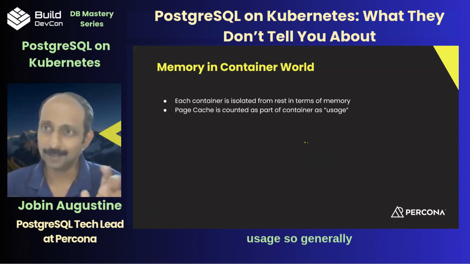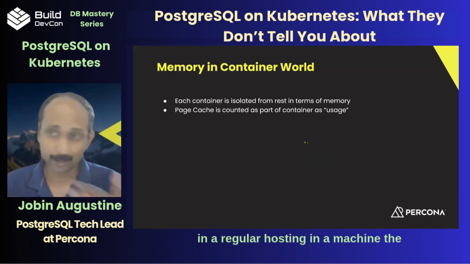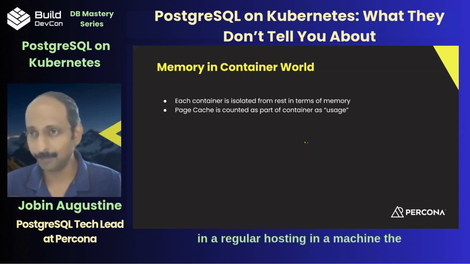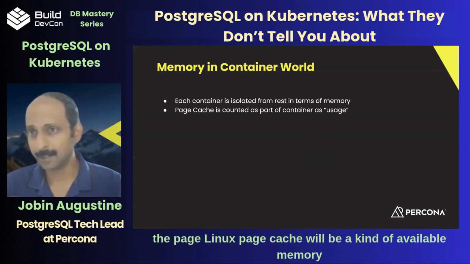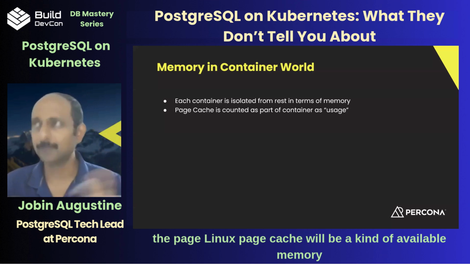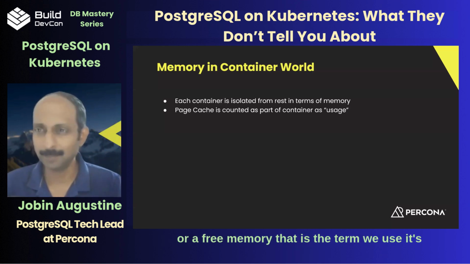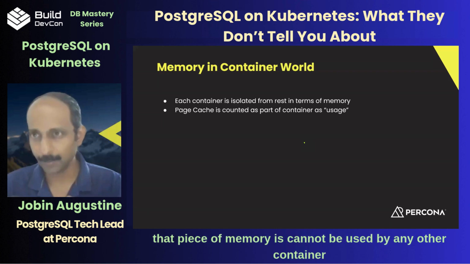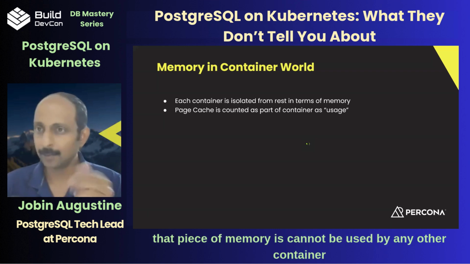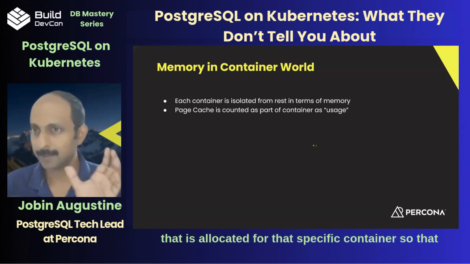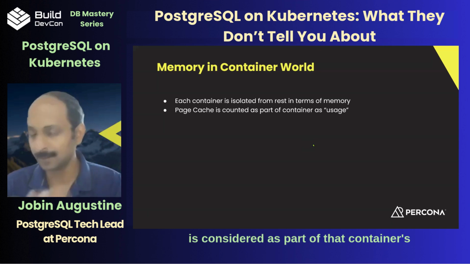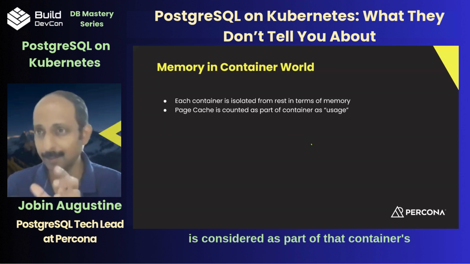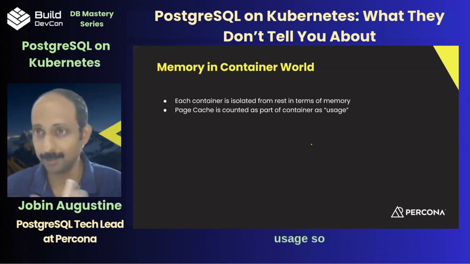Generally in a regular host machine, the Linux page cache will be a kind of available memory or freeable memory. That is the term we use. It's not considered as usage. But when it comes to the operator, that piece of memory cannot be used by any other container. That is allocated for that specific container, so that is considered as part of that container's usage.